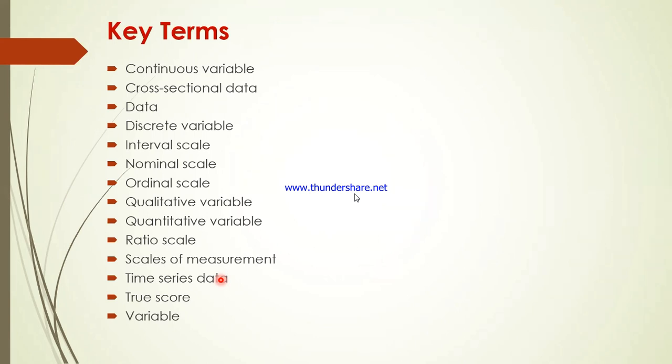Examples are ratings in a particular competition, or perceptions defined on a Likert scale, such as satisfaction level or quality level, and educational qualifications. Those are the ordinal scale level of measurement.